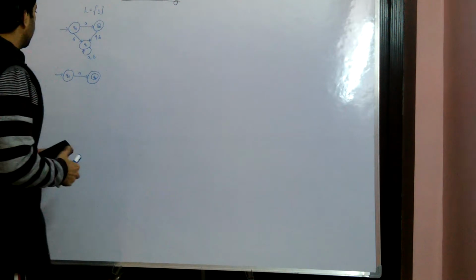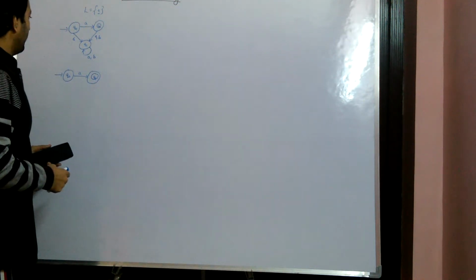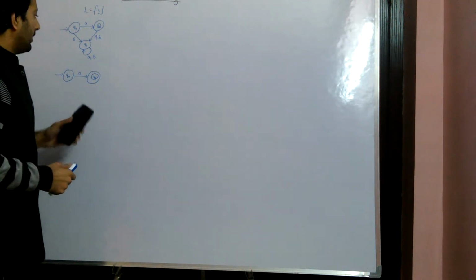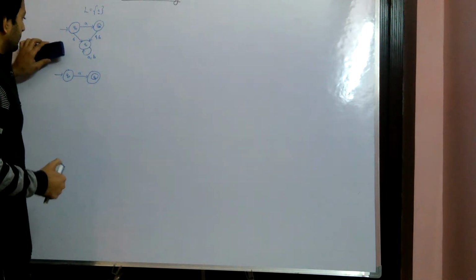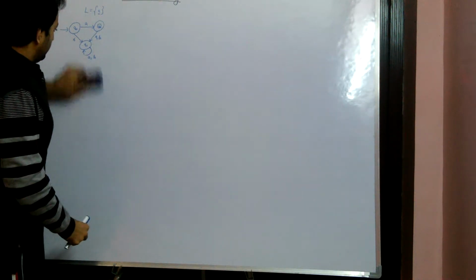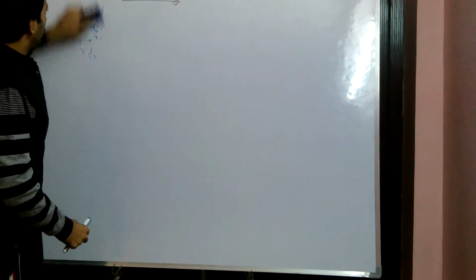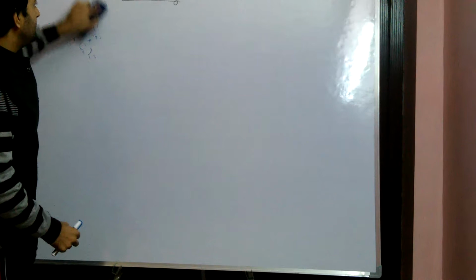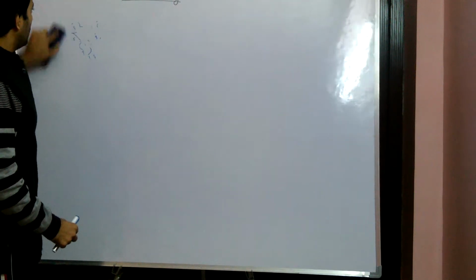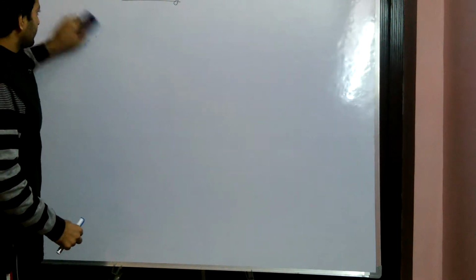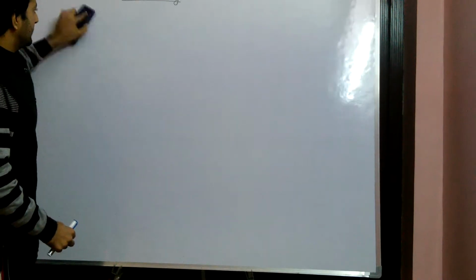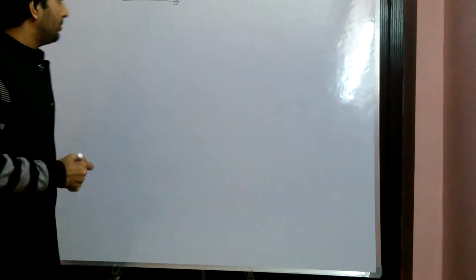Now, one more thing I would like to tell you all: suppose we have a particular string. A string can be of any length, and any string of any length would be just a combination of the alphabets which have been given to us.